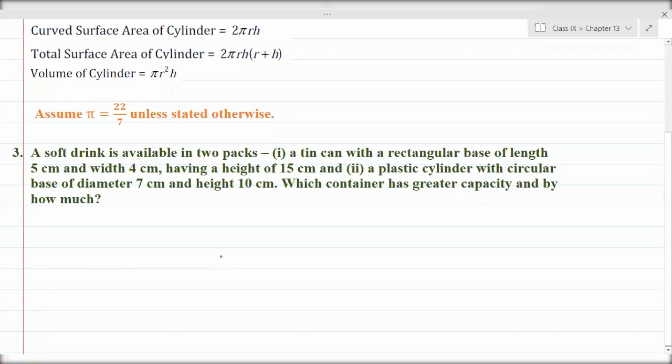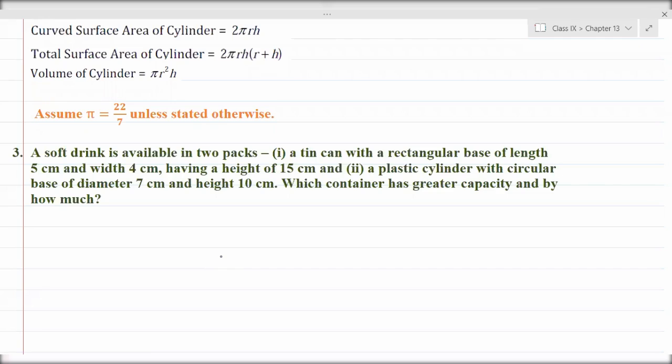L you can take 5, breadth you can take 4 and height you can take 15 centimeter. And in the second part, we are given one cylinder whose diameter is 7, means radius is 7 by 2, and height is given as 10 centimeter. We have to find the volume of both, nothing else. Volume of the cuboid, the tin can volume we have to find out, and volume of the plastic cylinder we have to find out.